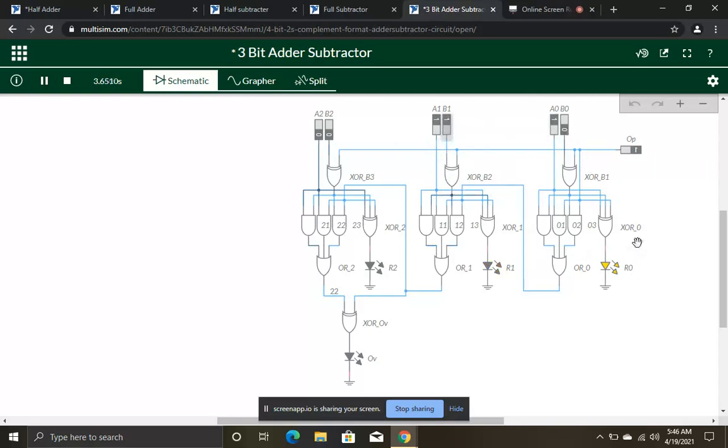Now we will get 0 0 1. That means we can add or subtract 3-bit numbers from this circuit. Using this circuit, we can add or subtract 3-bit binary numbers.